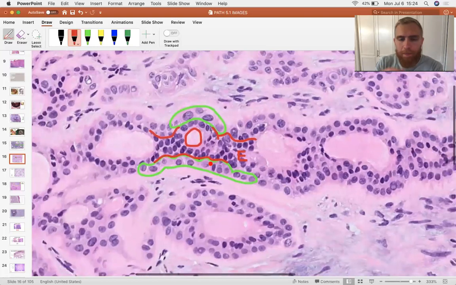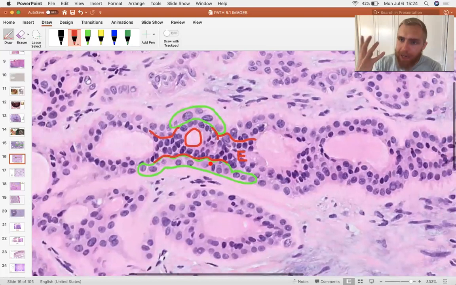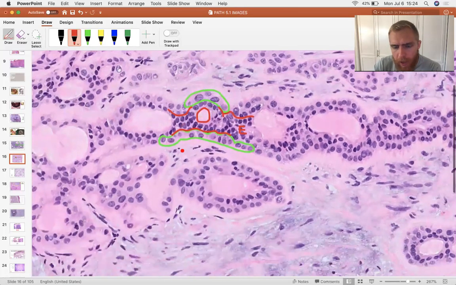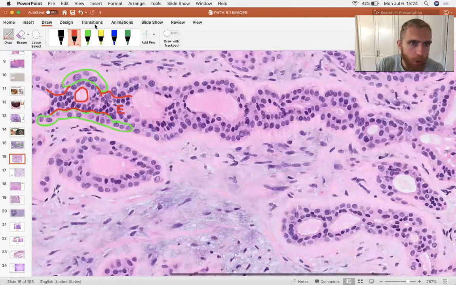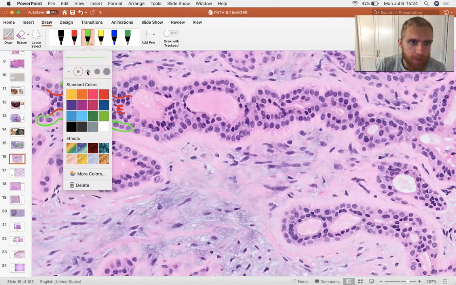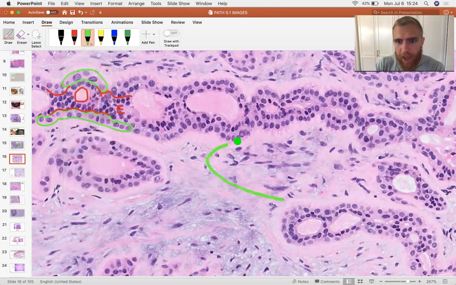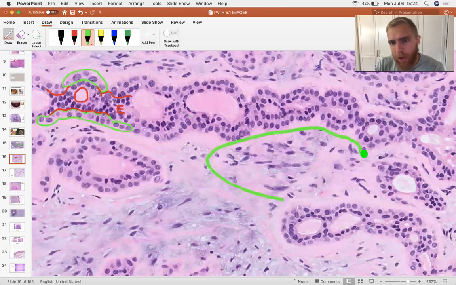Makes sense because myoepithelial cells have a connective tissue component, so they would be holding together glands and ducts. And as we move throughout, here's a lot of myoepithelial cells down here. I'll highlight this too. Just this area down here, myoepithelial cells and fibroblasts. That's all that's down here.